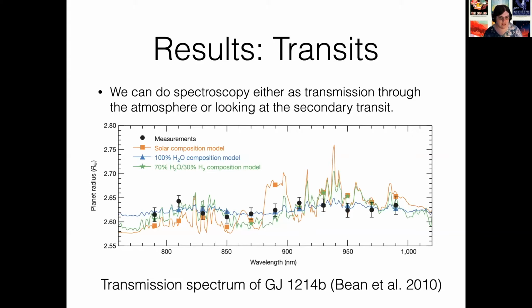And the green's kind of in the middle. And one of the things you observe is if you look around 890 microns, the no water model, the solar composition model, the planet would look much bigger than the water or the mix of water and hydrogen model.